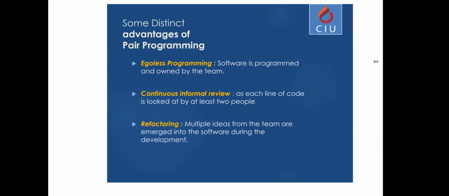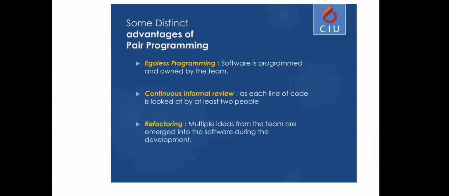In this kind of system, each line is looked at by at least two people, so it has a very informal structure to work. And finally, there could be multiple ideas generated from the team, and these could be implemented into the software itself. So the more ideas you have, it could be a double-edged sword.